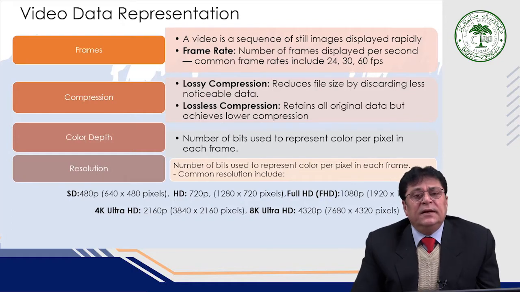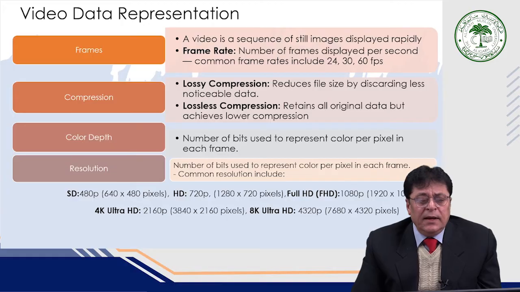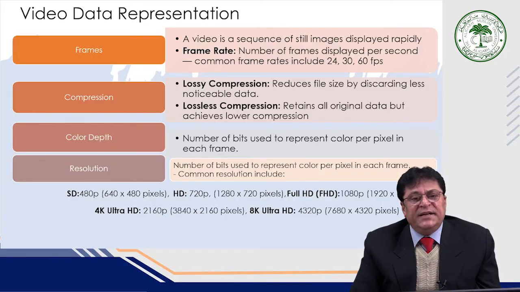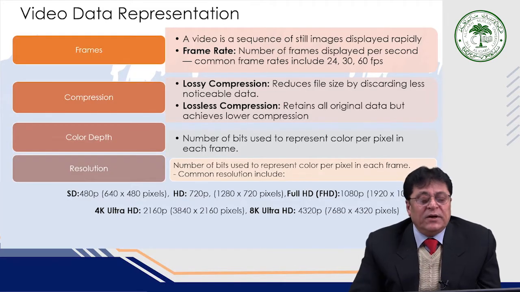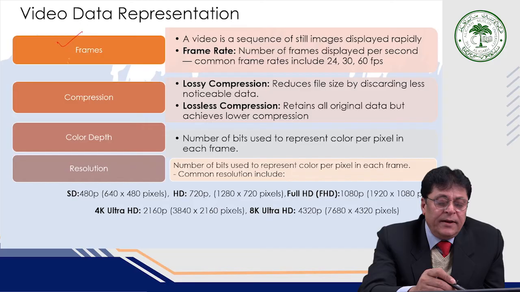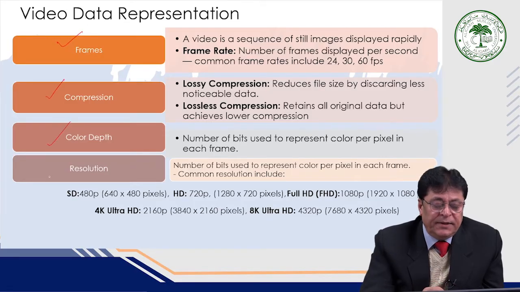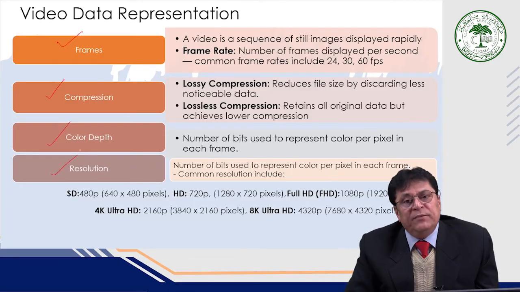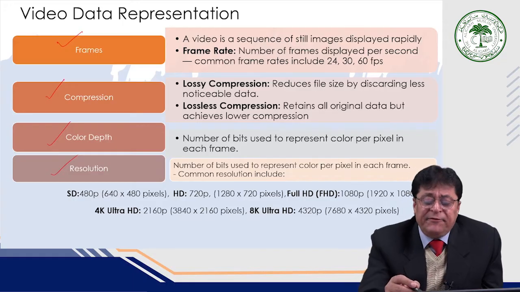Next is video data representation. To understand video data representation, we will discuss the important concepts. One is frame, compression, color depth, resolution. We will discuss them one by one. What is a video?